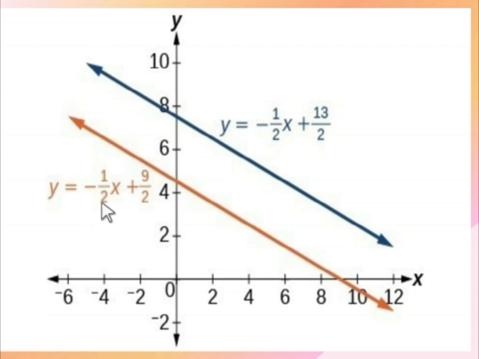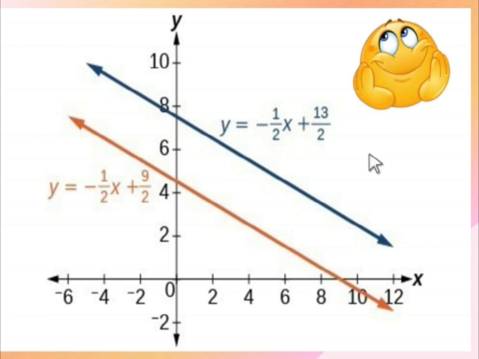This is called the slope of the line. If the slope of the line is the same, they are parallel lines. They do not intersect. As they do not intersect, they have no common point. That means when you try to solve these two equations, you are not going to get any solution.